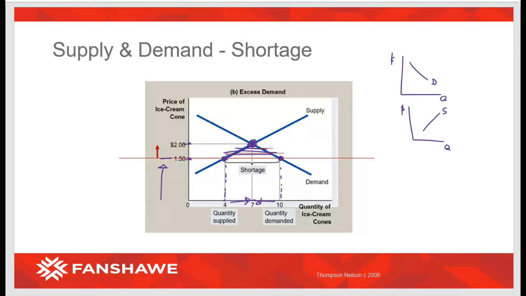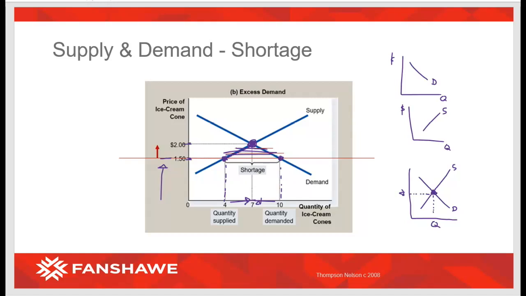It really is as simple as bringing those curves together, which means I have a downward sloping curve and an upward sloping curve, and that has to form an X. In the center of that X is going to be an agreed equilibrium price and an agreed equilibrium quantity. And if the price is too high or too low, then we see it self-adjust back to that equilibrium through shortage and surplus. So pretty cool.